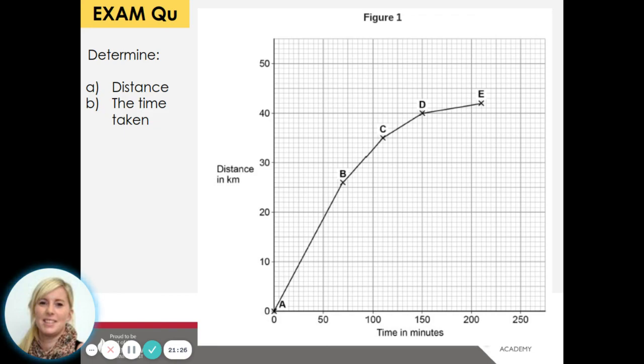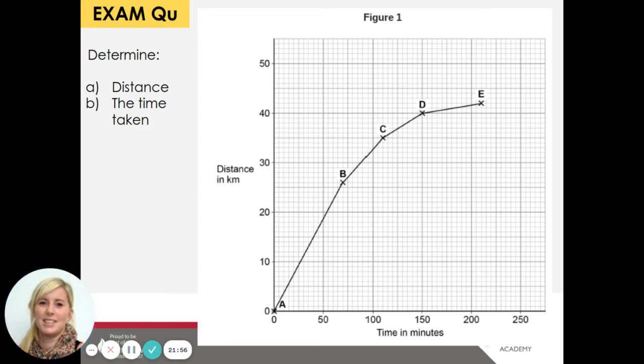Okay, so another exam question now. I want you to work out for sections A to B, please. So sections A to B. The distance. So work out how far. I think each square is worth 1. So work out the distance and then work out the time. So how long does it take to get from A to B?